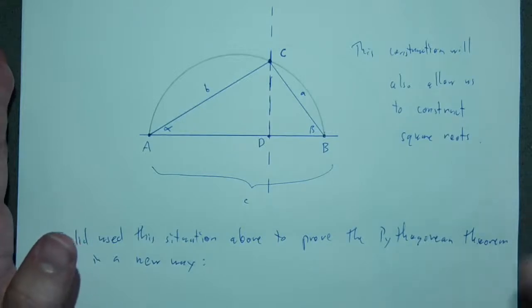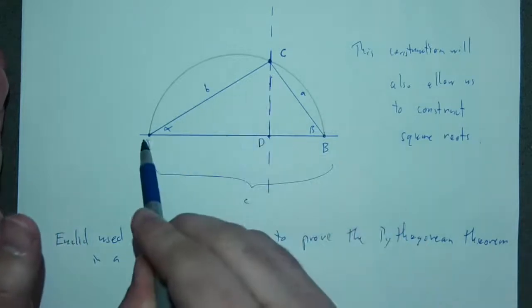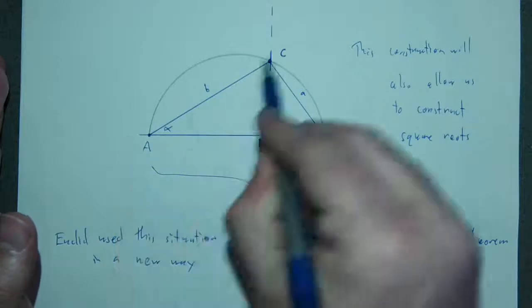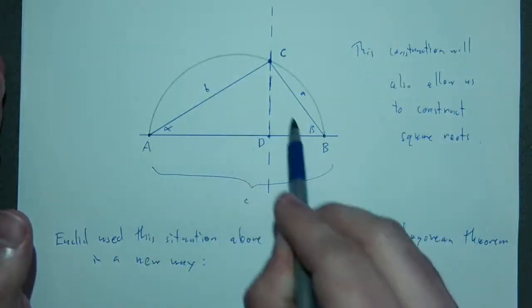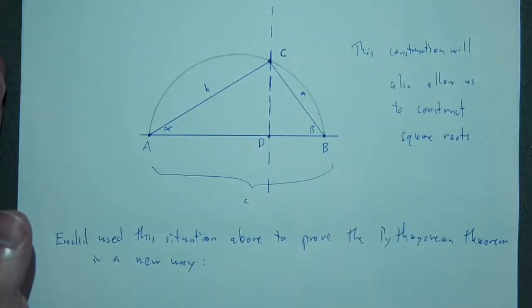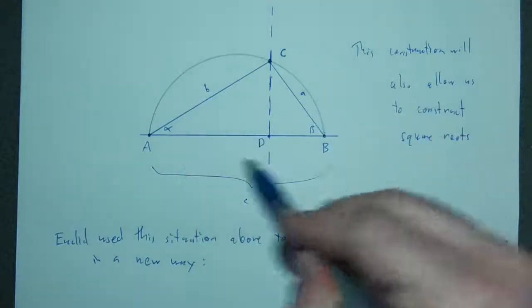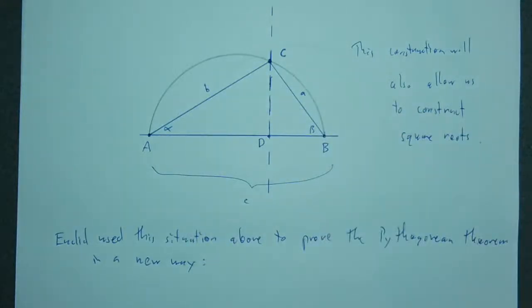Well, I know that in my big triangle, say ABC, I have alpha, beta, and then a right angle. So that right angle is pi over 2. The sum of all three of these angles is pi.